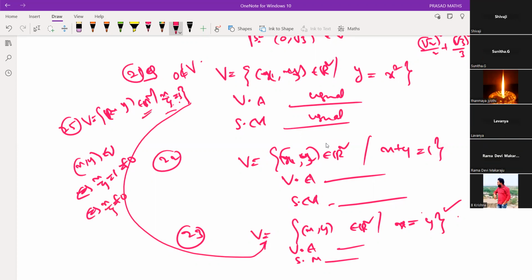But you are in R2, meaning x is in R and y is in R. R is a field, it has no zero divisors. That means x is non-zero and 1 by y is also non-zero, so y is non-zero. Therefore, it doesn't have a zero, but in the other set there is a 0. Check these. 25 problems are completed.